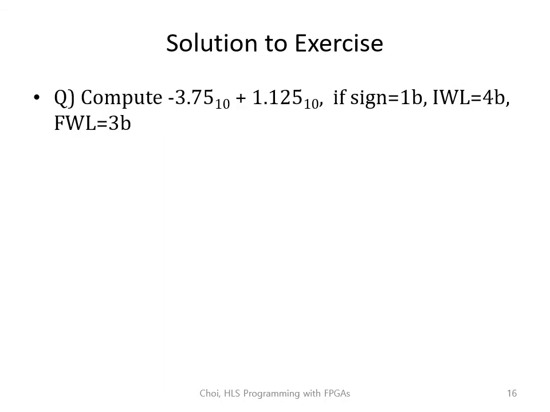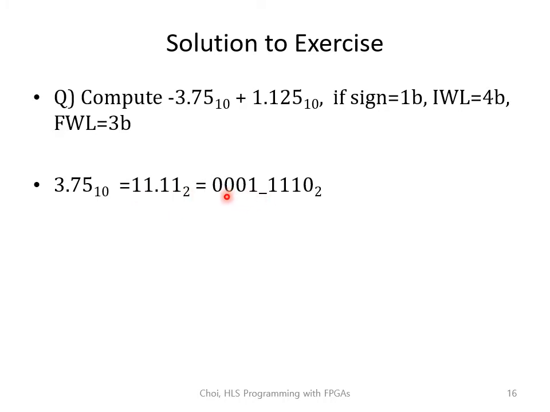Let's see the solution. 3.75 is 11.11 in binary representation. So if we convert into this format, we're going to assign one sign bit, so it's going to be 0, it's a positive number, and IWL is 4 bits, so 11 is going to be 0011.